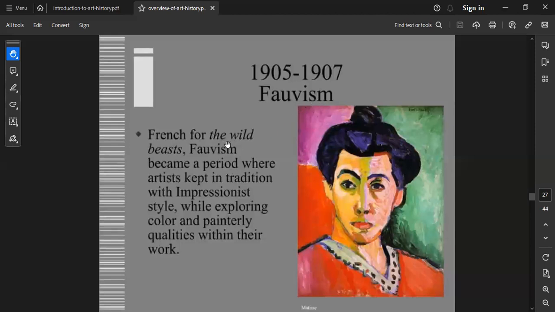This is the French word for wild beast, a period where artists kept in tradition with the Impressionist style while exploring the color and painterly qualities within their work. Just because they were exploring color, a lot of experiments were done.